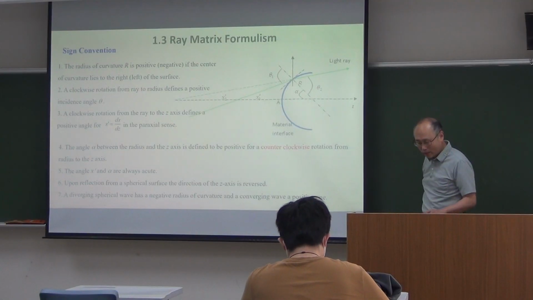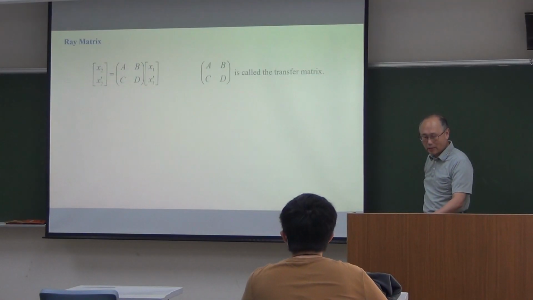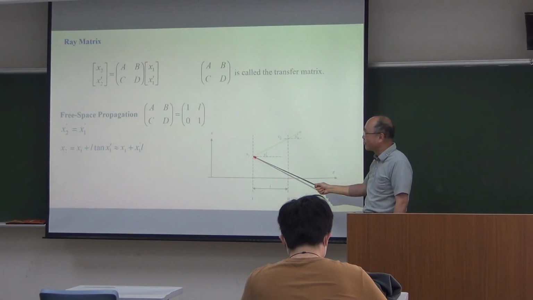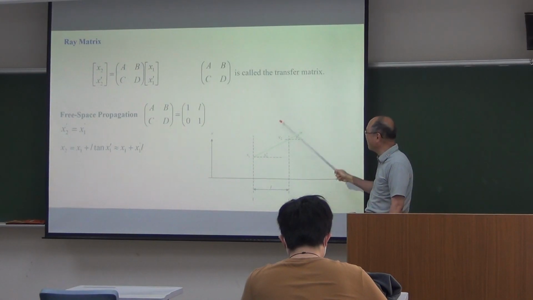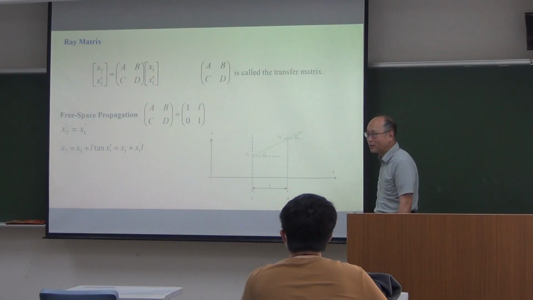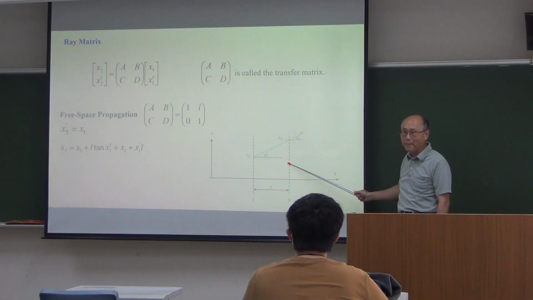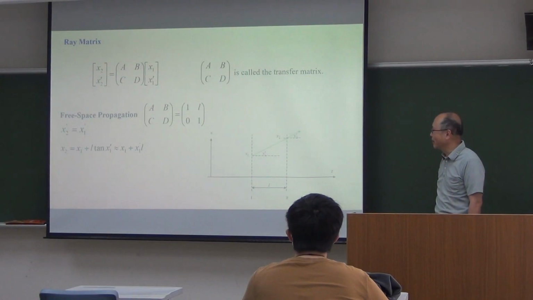Once you understand this, we can start to talk about, for example, very simple propagation of a light ray from one input plane to the output plane in a homogeneous material, in free space without any interface of materials.